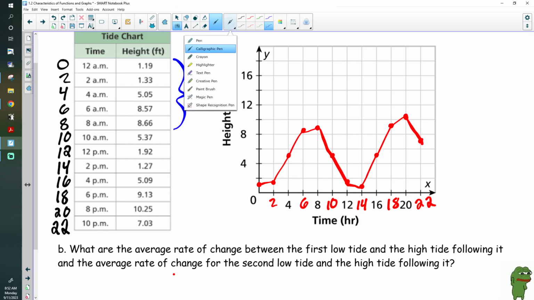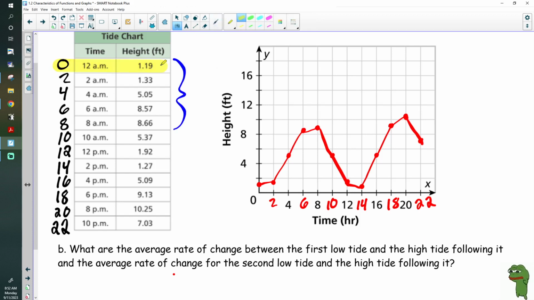Now we only care about the starting and the ending point. That's all we need to figure out our average rate of change. So we first need to figure out what is our change in y. To measure change, we subtract. So how much has the water changed from 0 to 8? In other words, we just subtract 8.66 minus 1.19.